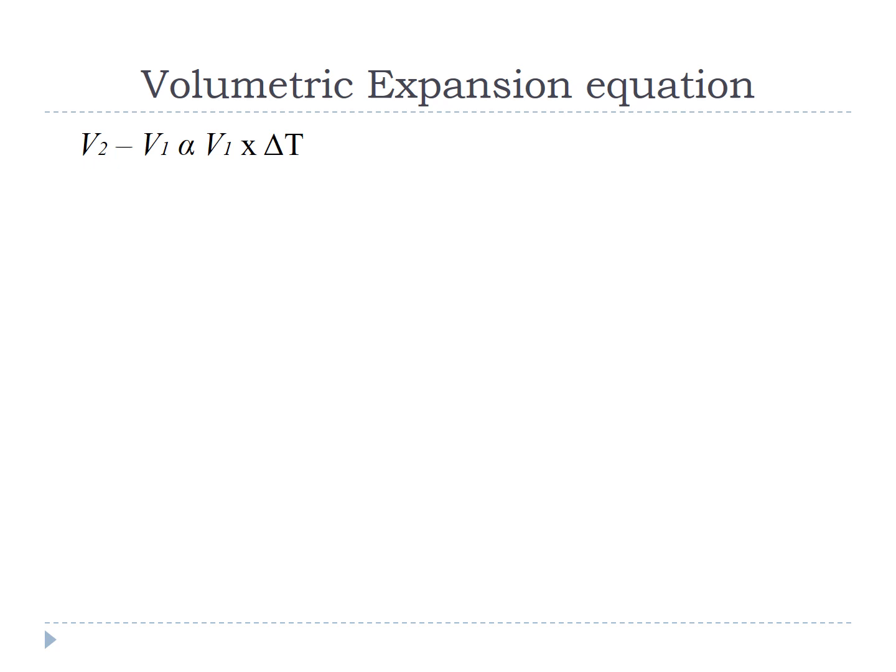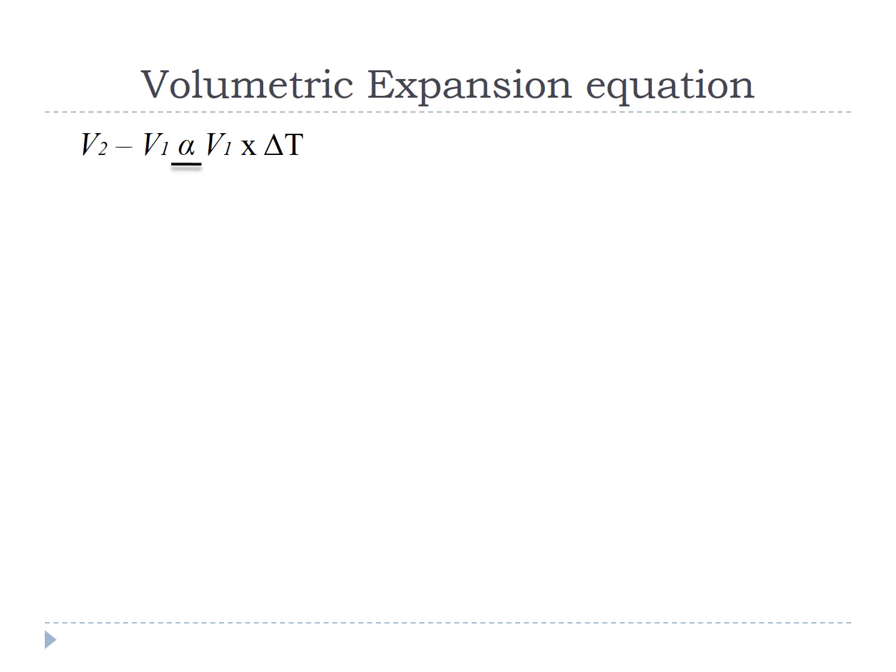Now I want to find out how much the volume has increased. So I take the difference between the two: V2 minus V1. Now this is again directly proportional. The more the initial volume of the substance, the more will be the volume change. The more the temperature change, the more will be the volume change.